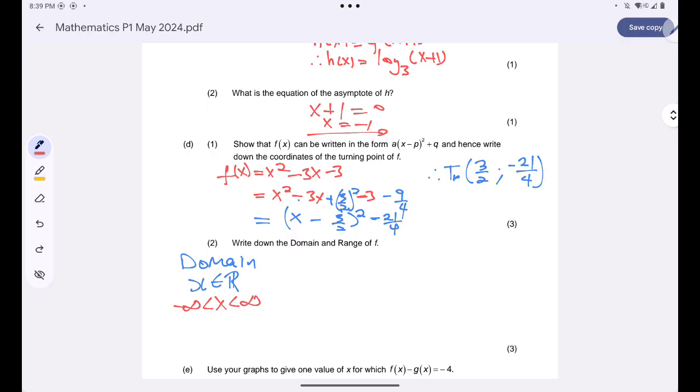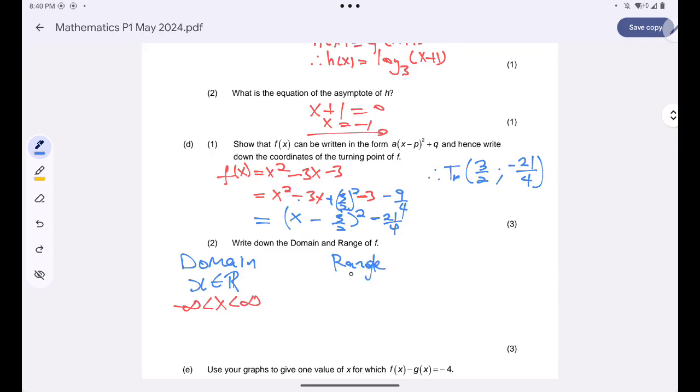Are we together? And then for my range, if my graph is a smiling graph, it simply means that the range is y is greater or equal to the minimum value. But if my graph is a sad graph, y is less or equal to the maximum value.